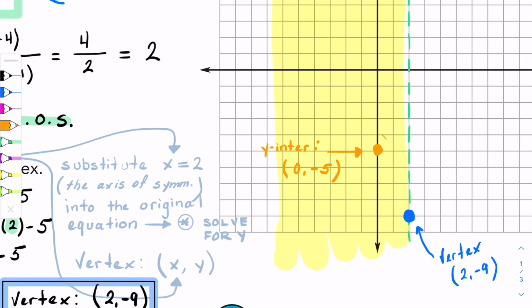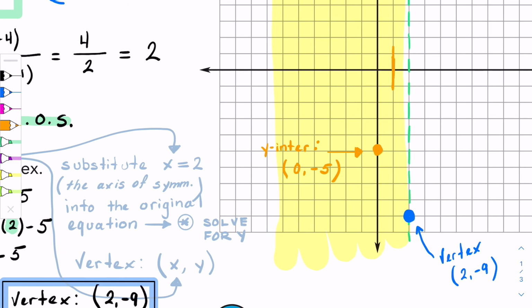Here is my y-intercept. So I need to pick a point close to that. I always pick x values that are either 1 point to the left or 1 point to the right, depending on which side of your axis of symmetry you're working with. So because I'm trying to find a point in my yellow shaded region here, I'm going to test a point at x equals 1. So right at that value, or right here at this orange line.